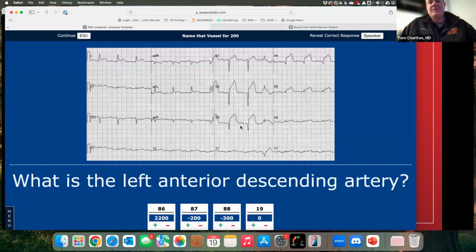Correct, anterior is left anterior descending. So it's not a left main because it still hasn't included the circumflex, which is why we don't really see much in the lateral. Okay. If it were including the lateral leads, that would indicate a left main occlusion. So this is still in that left anterior descending.